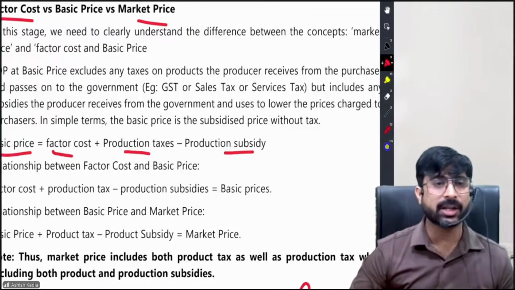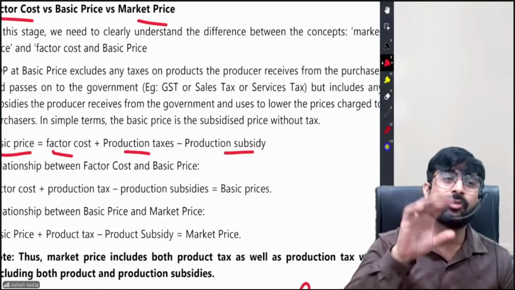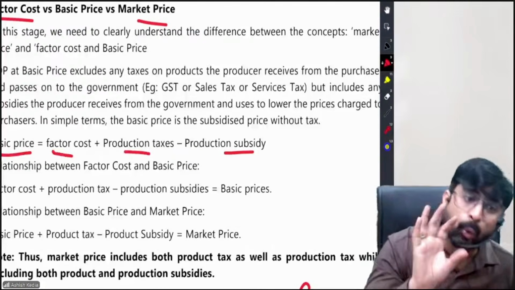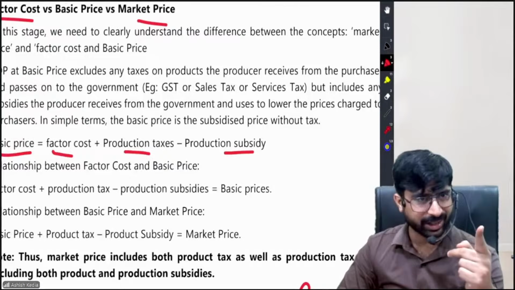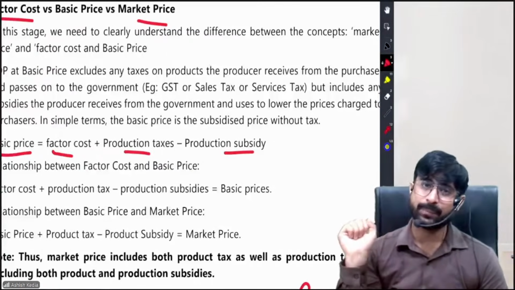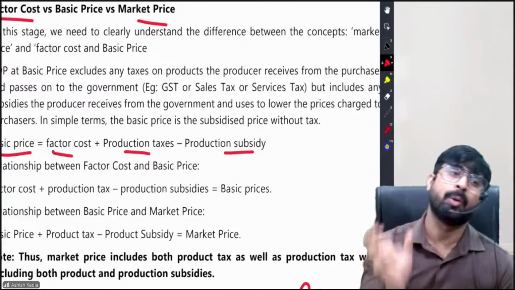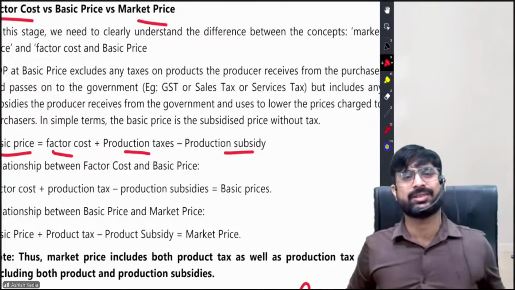Pay attention, class. Let's not get confused. One is production tax, one is product tax. Both are indirect taxes. One is production subsidy, the other is product subsidy. There's a difference.